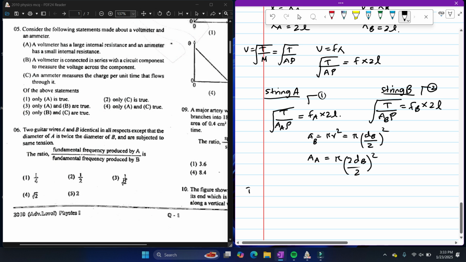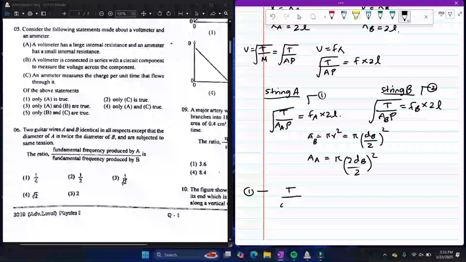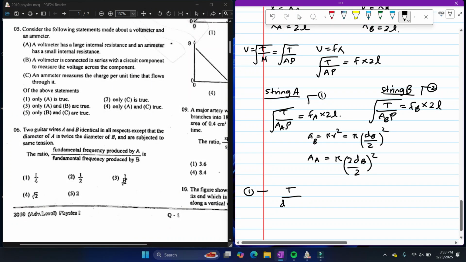So in equation 1 we can write the area as, pi will cancel off for sure, 2 dB divided by 2 squared into rho, right?